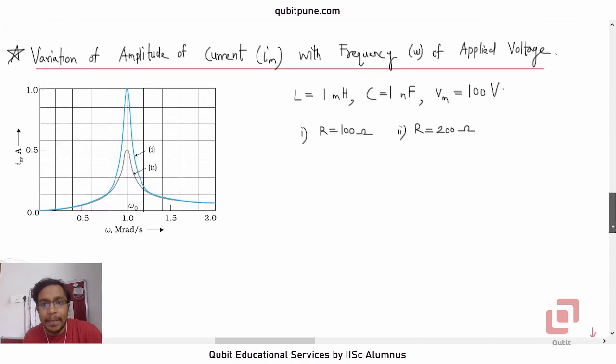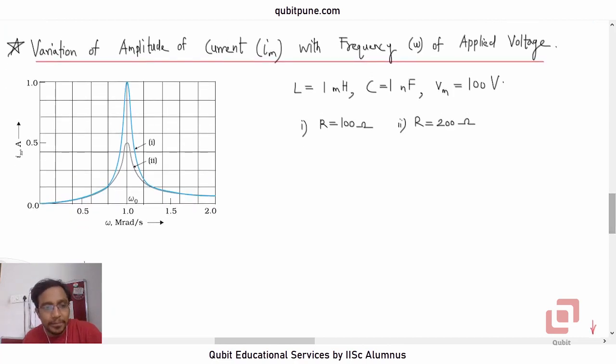Alright, so this is a textbook figure. They have mentioned that the inductance is 1 millihenry, capacitance is 1 nanofarad, and the peak voltage is 100 volt. The amplitude of the voltage is 100 volt, and the omega, the frequency, is in mega radians per second.